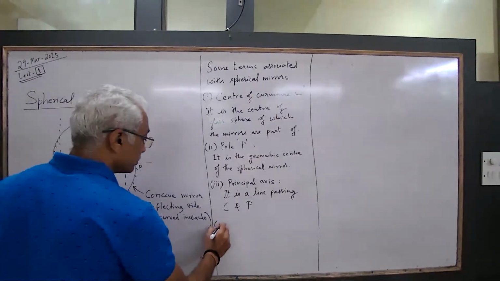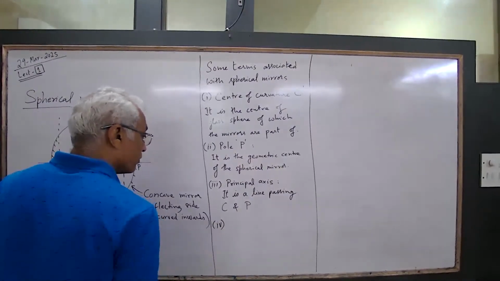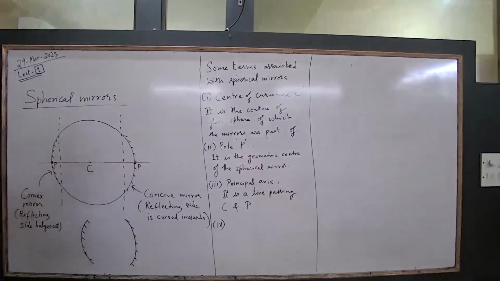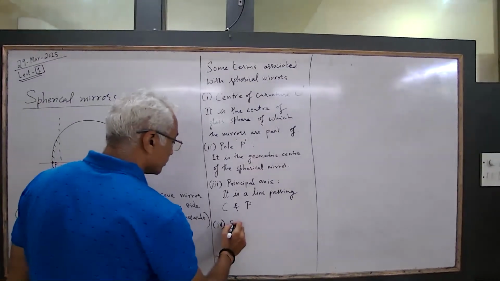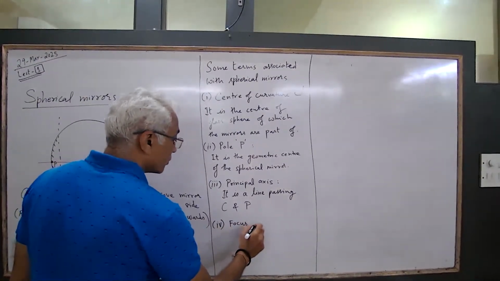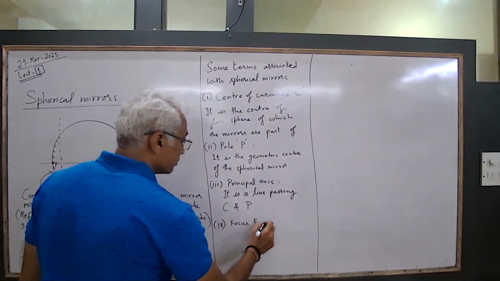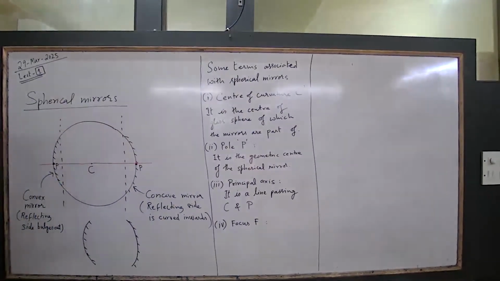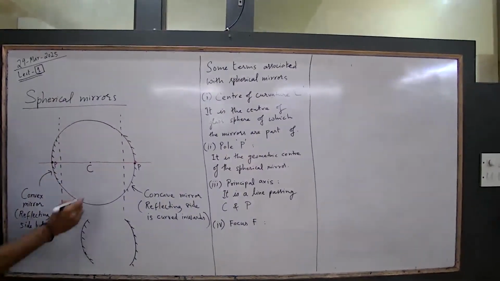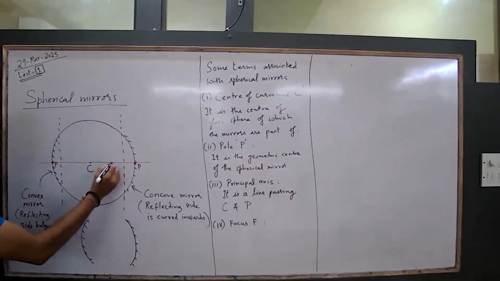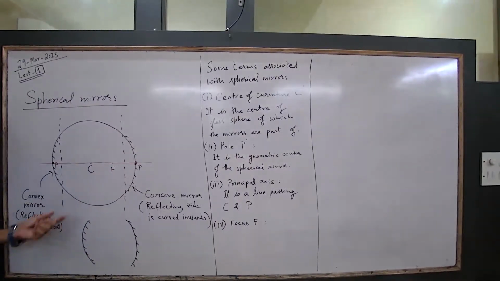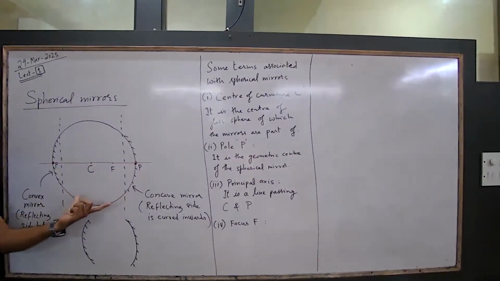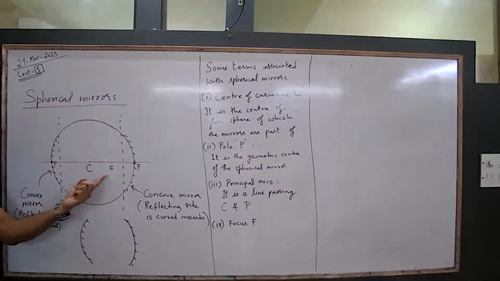Fourth is focus. Focus is denoted as F. What is focus? It is the point between C and P, the midpoint of C and P. What is the significance of this point?